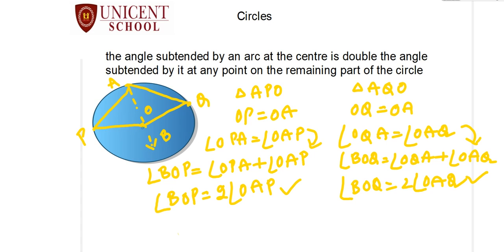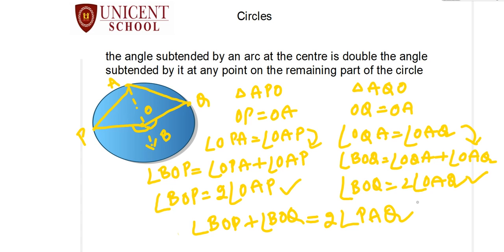BOP plus BOQ will be equal to the total angle. Angle BOP plus angle BOQ is equal to 2 times OAP plus OAQ, which is equal to 2 times angle PAQ.